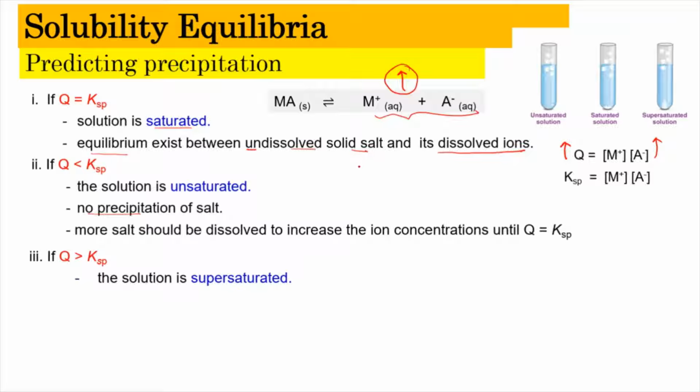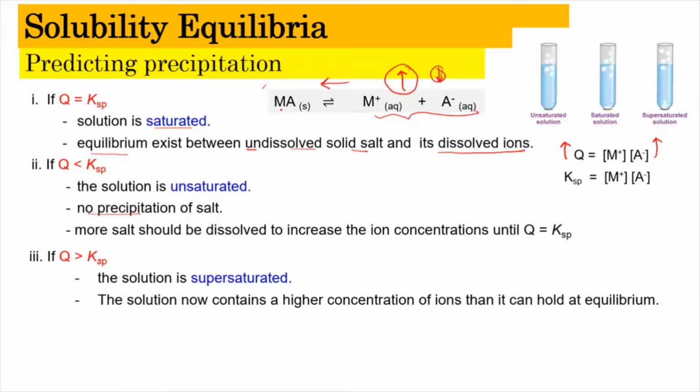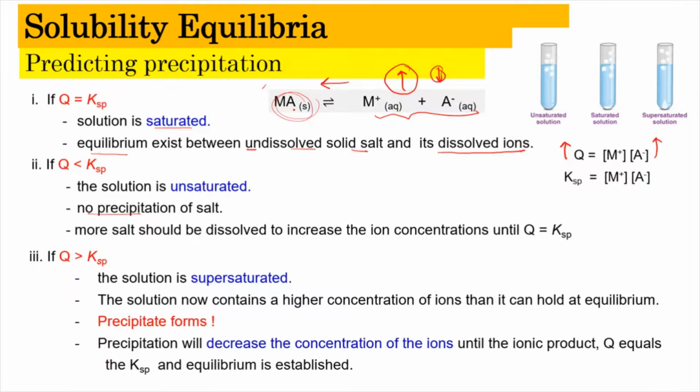And according to the Le-Chatelier's principle, we need to shift the situation to the left, in order to reduce the ions. And as a result, the concentration of the MA will get higher, and therefore there's going to be a precipitation. Alright? And the precipitation will decrease the concentration of the ions until the ionic product Q equals to the KSP, and when the equilibrium is established.